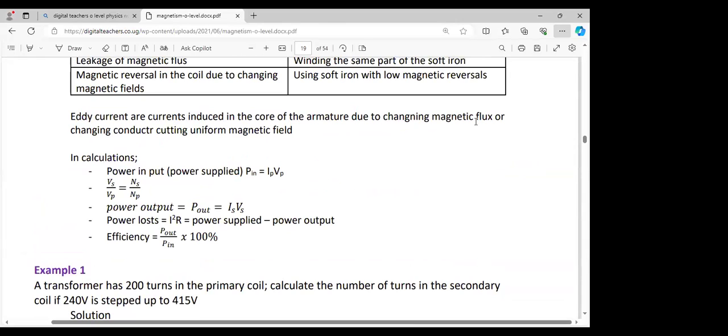They're asking us to calculate the number of turns in the secondary coil if 240 volts is stepped up to 415 volts.